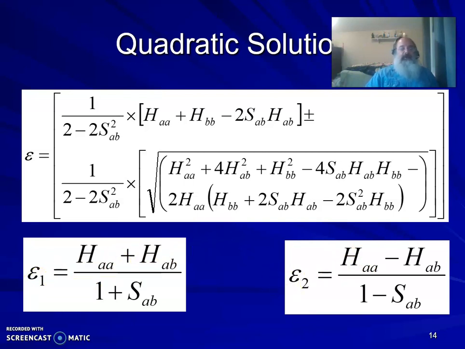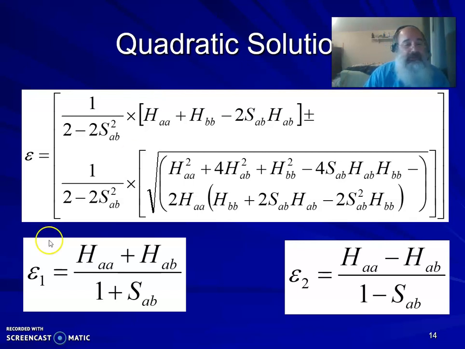Now something to remember is that HAA and HAB are both going to be negative, and the overlap integral is going to be positive and between 0 and 1. And so that means that E1 is going to be less than E2, or epsilon 1 is going to be less than epsilon 2. So E1 is the bonding orbital, and E2 is the anti-bonding orbital, or epsilon in this case.